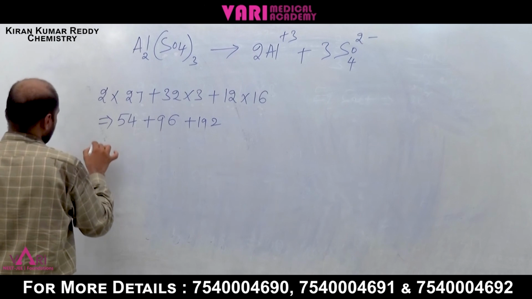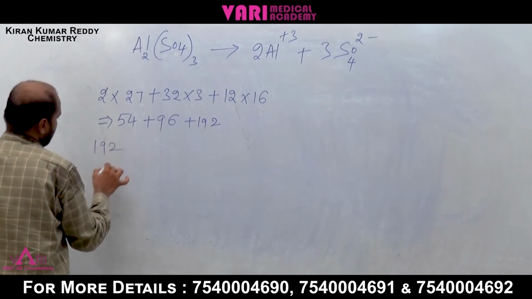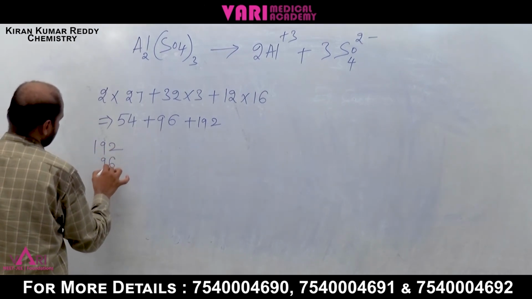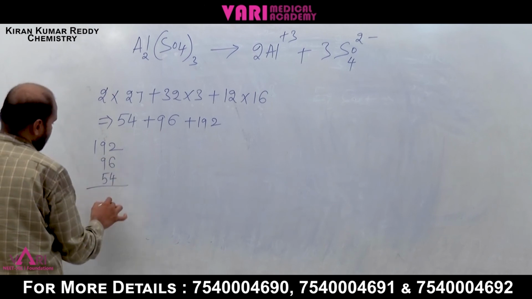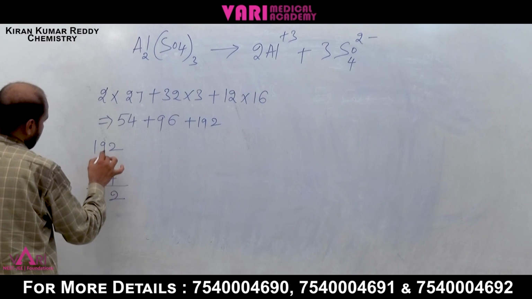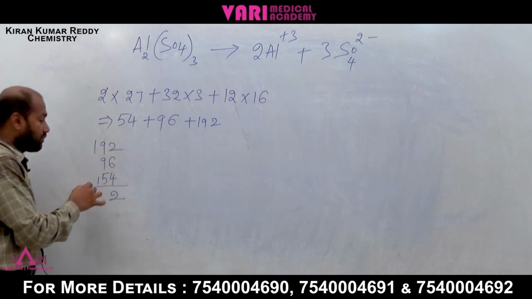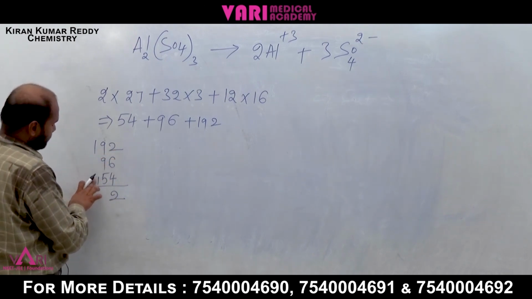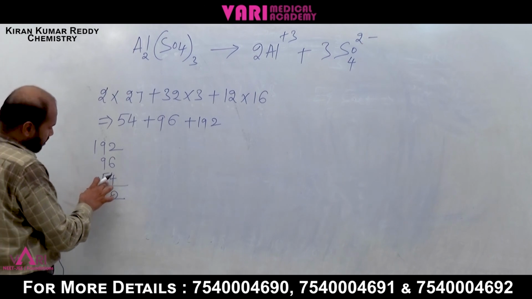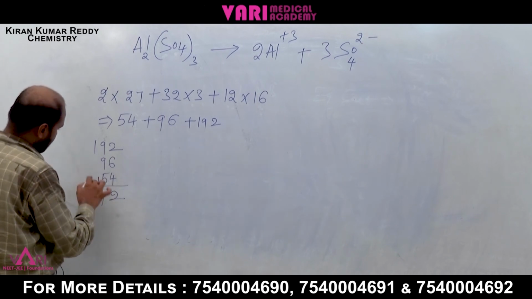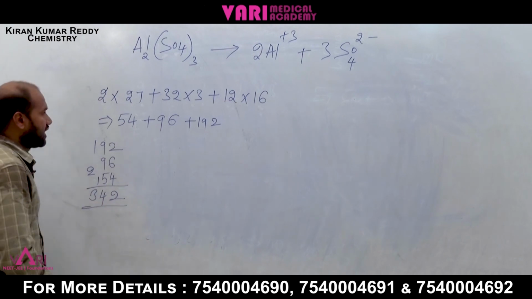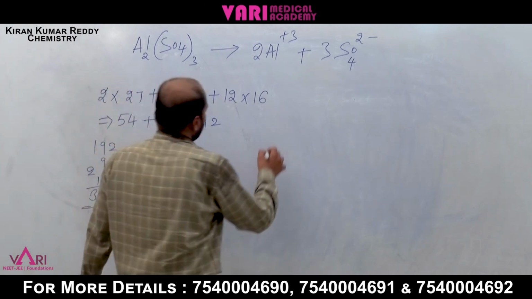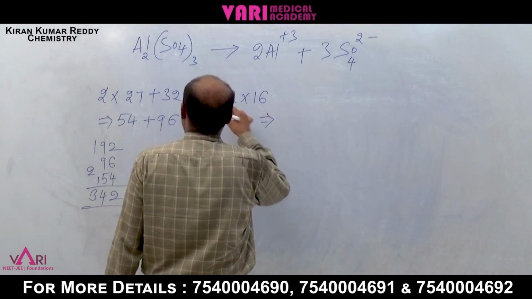Now add 192 plus 96 plus 54, that is equal to 342.